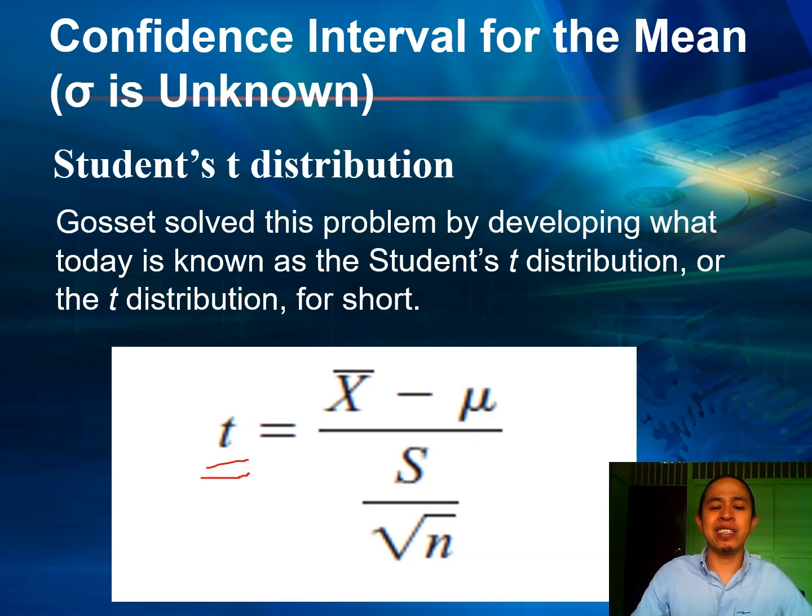Here, we have the sample mean minus the population mean divided by the sample standard deviation divided by the square root of n. The only difference is that instead of the population standard deviation, we use the sample standard deviation.